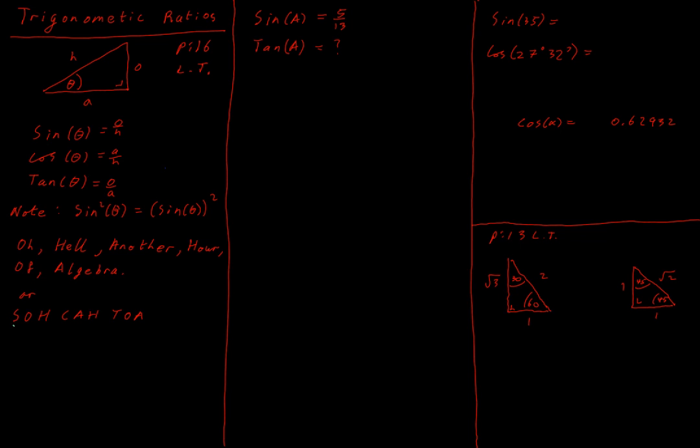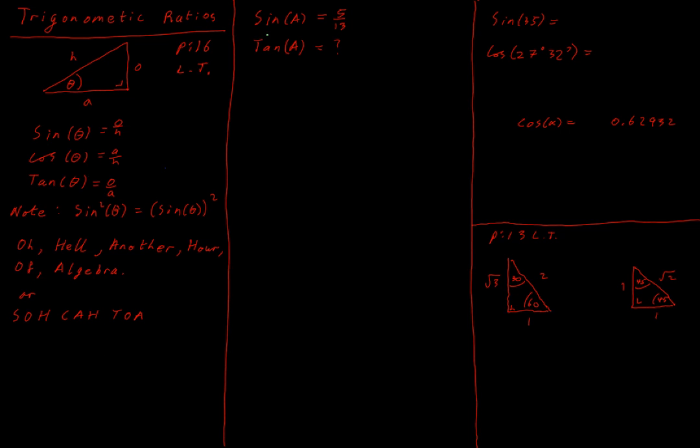So sine, opposite, hypotenuse, cos, adjacent, hypotenuse, tan, opposite, adjacent is another good way of remembering our trigonometric ratios. And this is all just mostly a recap of junior cycle.